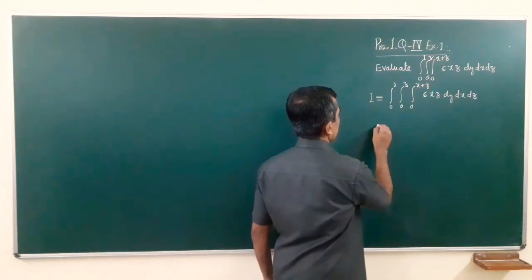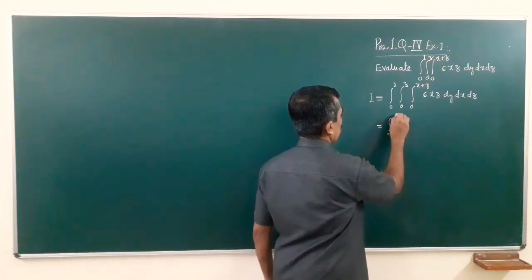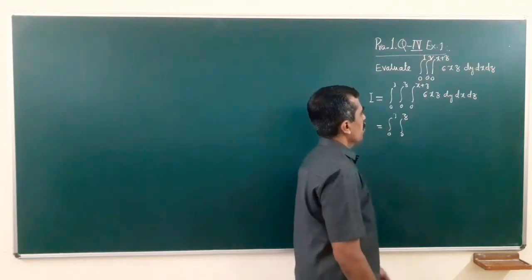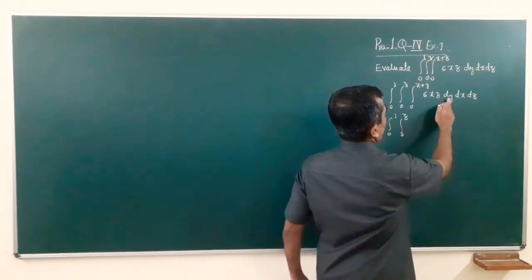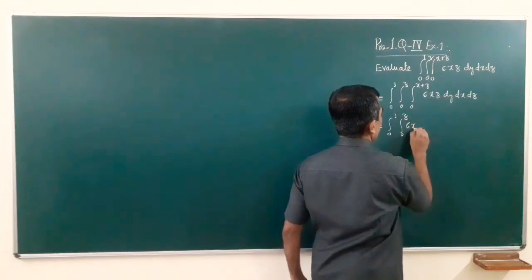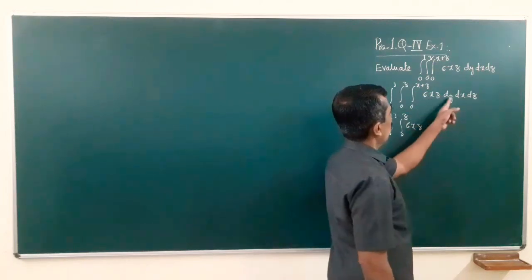So this equals the integral from 0 to 1, integral from 0 to z. Now the integral is with respect to y, so this x and z and 6, all these are constant with respect to y.